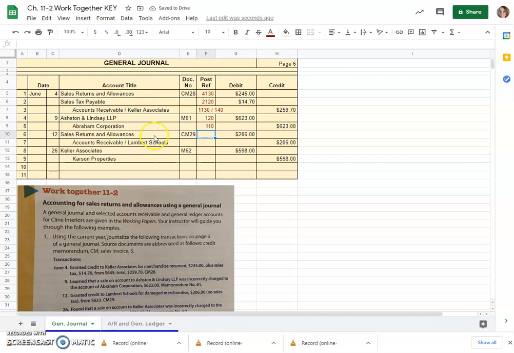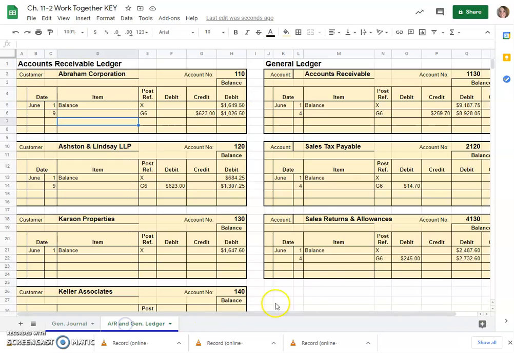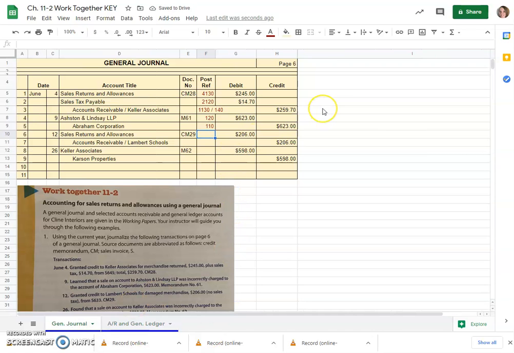All right, sales returns and allowances on the 12th for a $206 debit. So on the 12th, $206, still the same page in the journal, and we'll have to add to the previous balance in account number 4130. And now we go to accounts receivable and Lambert Schools, $206 credit.